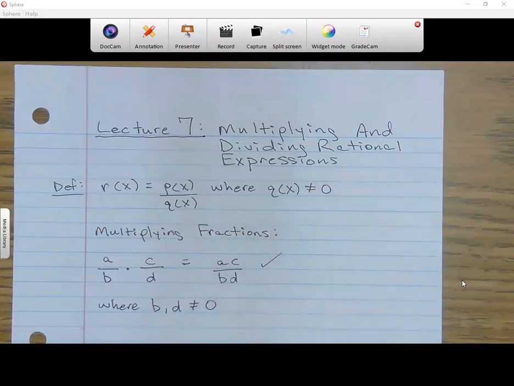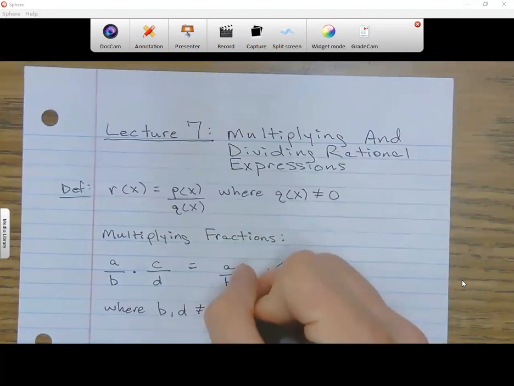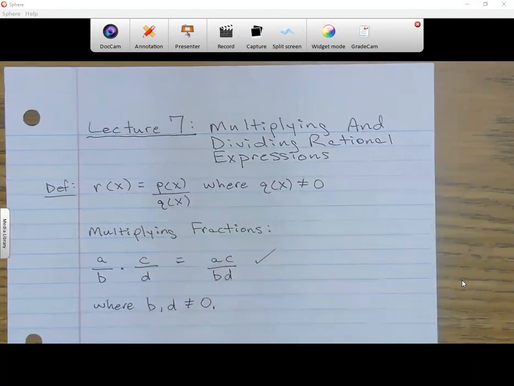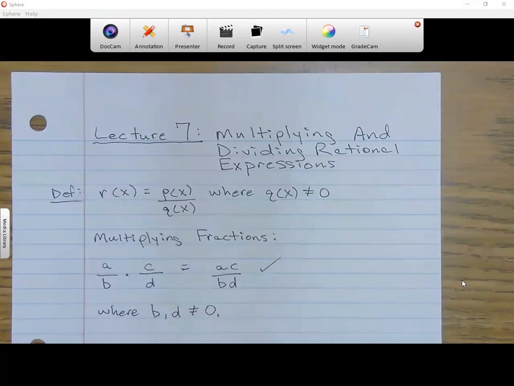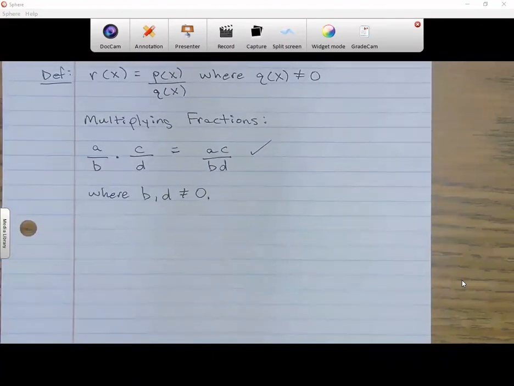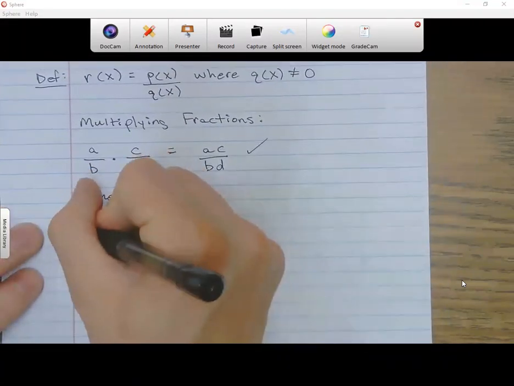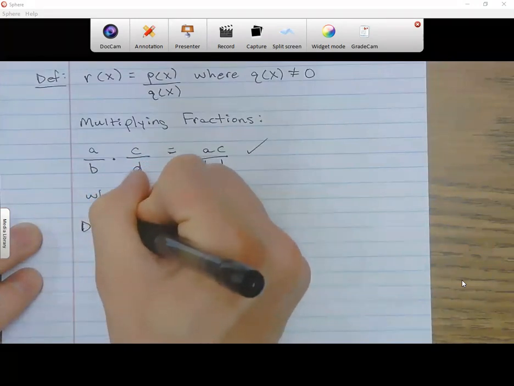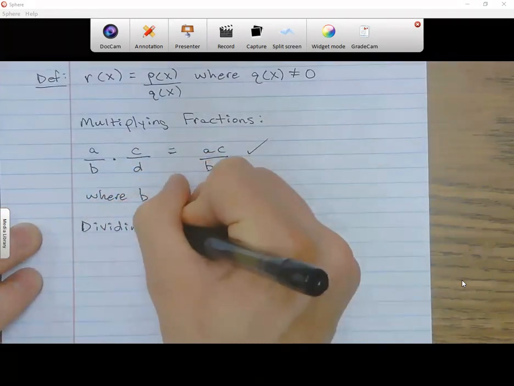Now, when you're dividing fractions, what you want to think about is doing the same thing, but instead of multiplying across, you would flip the second fraction first. So let's talk about that. Dividing fractions.